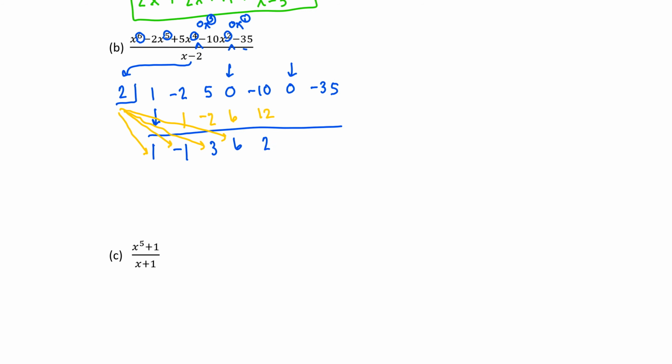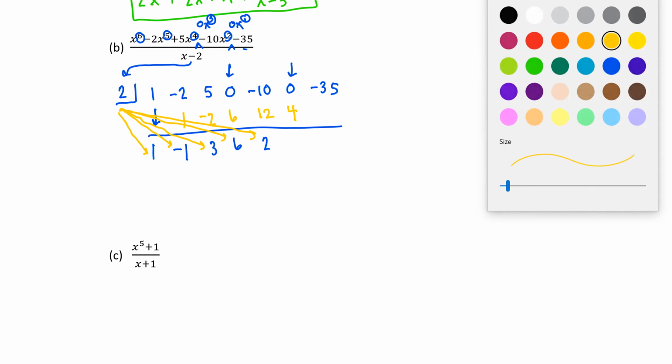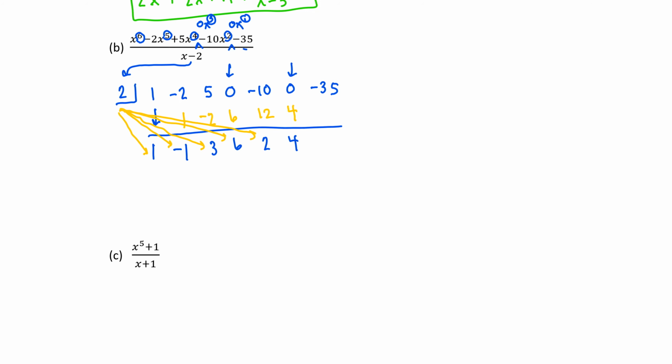Are you getting the hang of it? It's a pretty simple process. Multiply, add, multiply, add. Negative 35 plus 8 gives us 27. Okay, so that process is done.